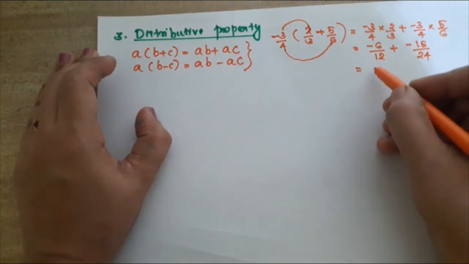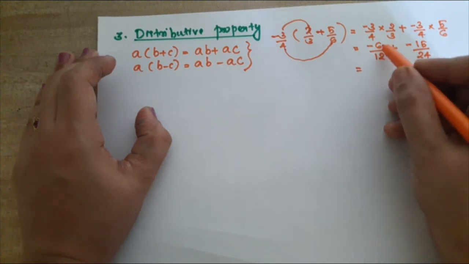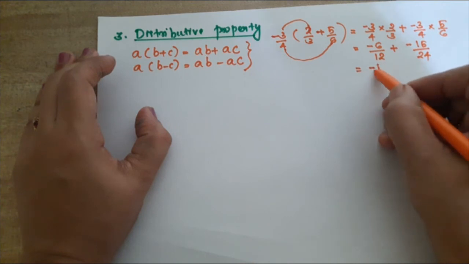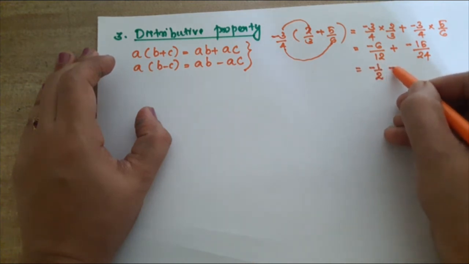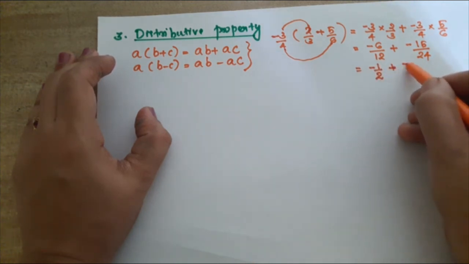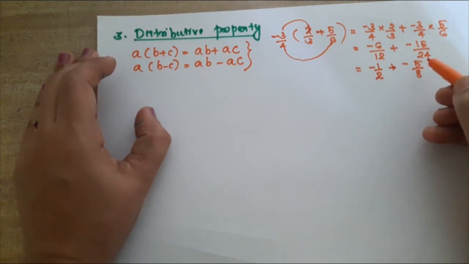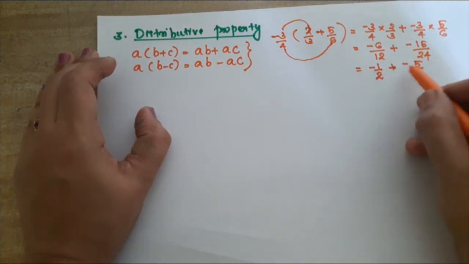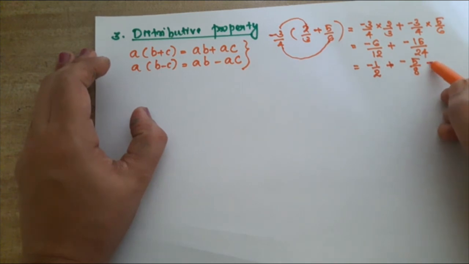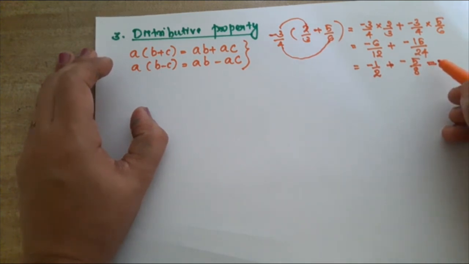What is minus 6 by 12? We can divide both numerator and denominator by 6, then we will get minus 1 by 2, right? Then here we can divide using 3, that is minus 5 by 8, right? Here both are minus, so we need to add them together.